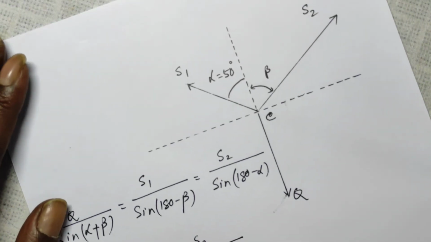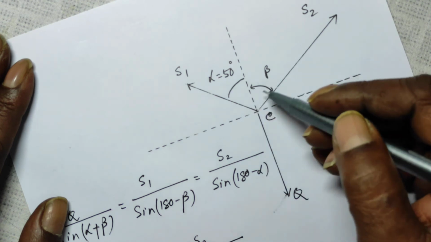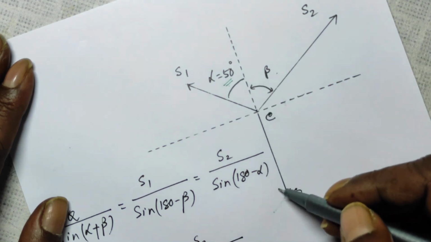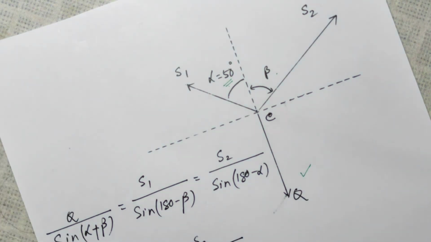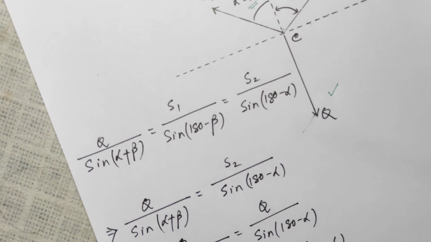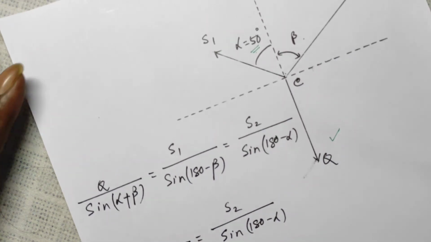I have drawn the figure diagram again for you. At the point C, S2 is to this side, S1 is to this side, the tension forces. This is given as 50 degrees. This beta is to be found out. This is your load Q. So at point C, we apply Lami's theorem, since the system is in equilibrium, which does not mean at rest, but means sigma F is equal to 0.